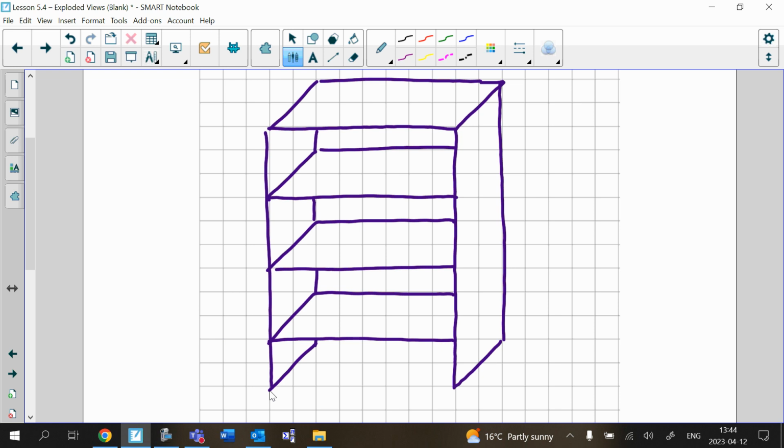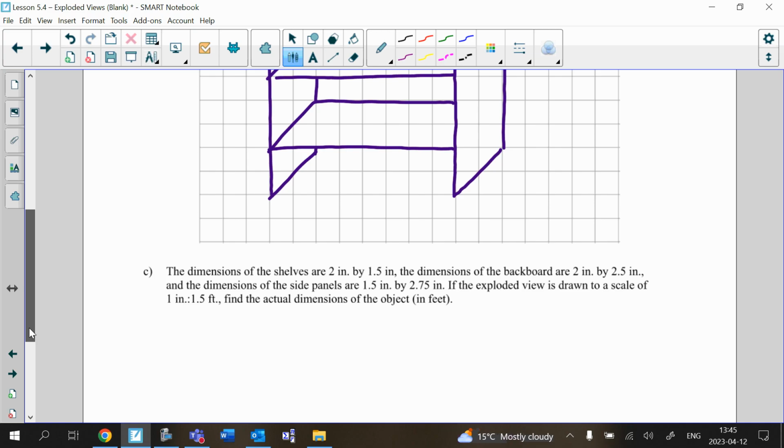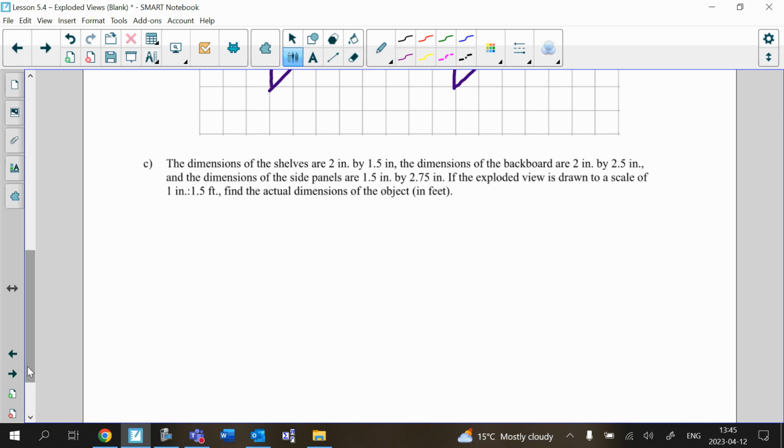To answer one final question, again with the dimensions. Here, when we talk about the dimensions, we're going to talk about 3 parts of the shelf: the shelves themselves, the backboard, and the side panels. On the scale drawing, the shelves are 2 inches by 1.5 inches.